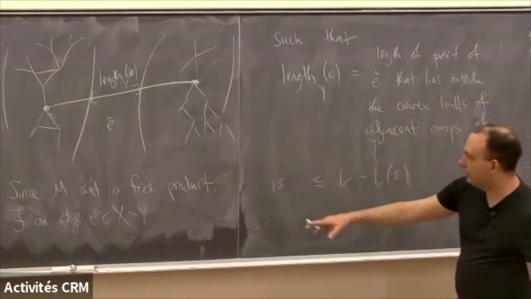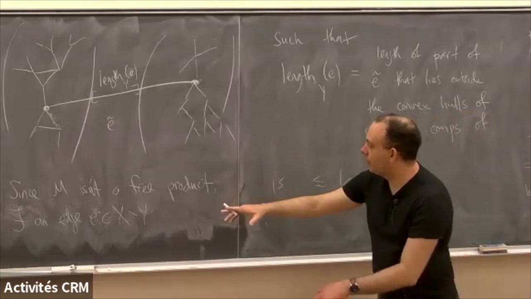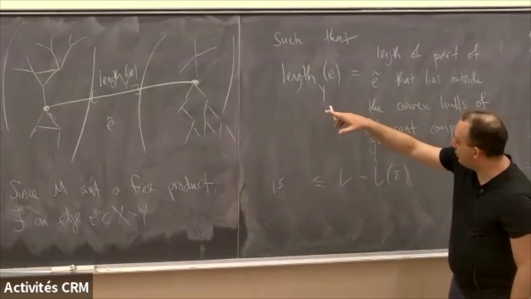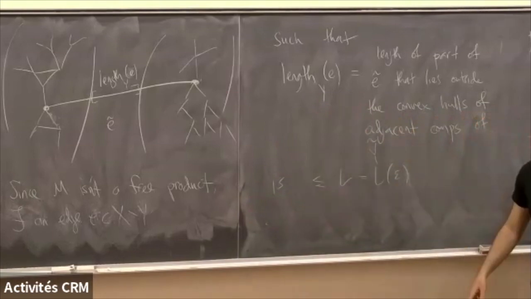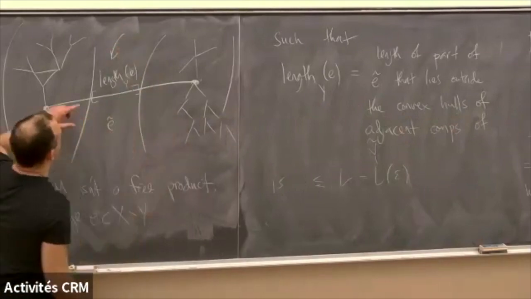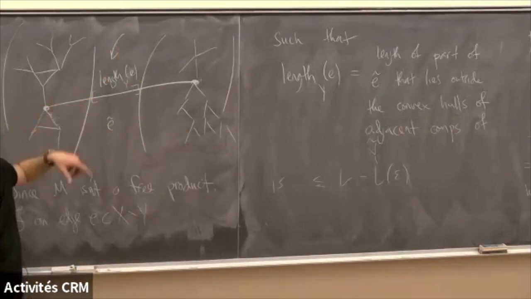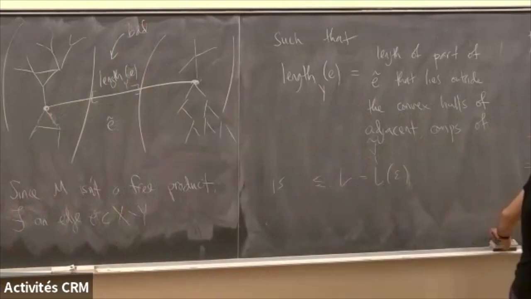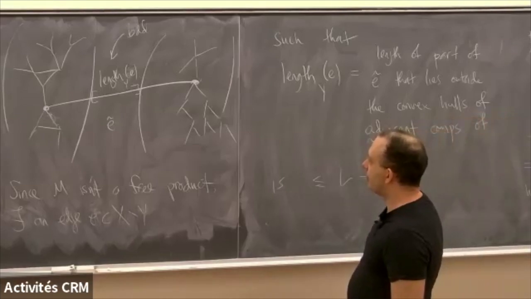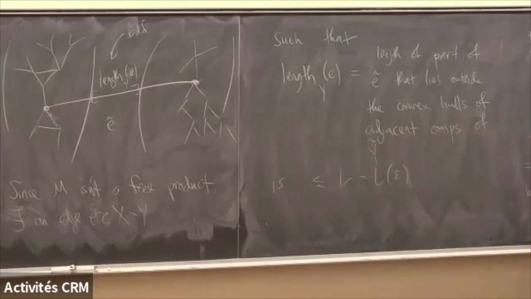So the whole sentence is, since M is in a free product, there's an edge outside of this Y that has bounded length relative to Y. So I'm saying that I can always find an E where this quantity is bounded. Does that make sense? Only on epsilon? Yeah, this is just epsilon. Okay, does that make sense?